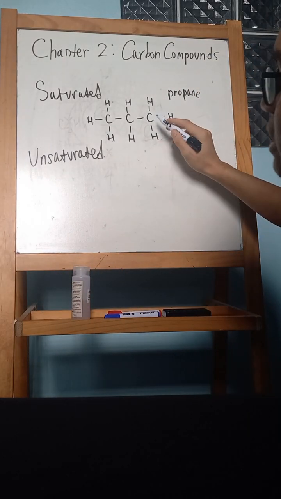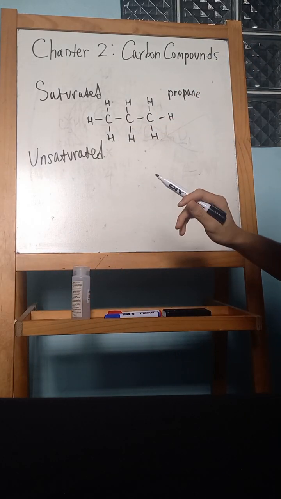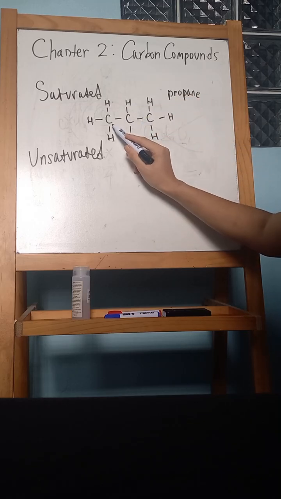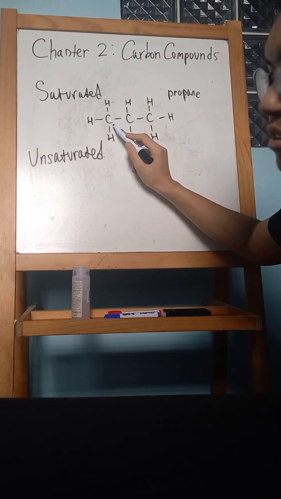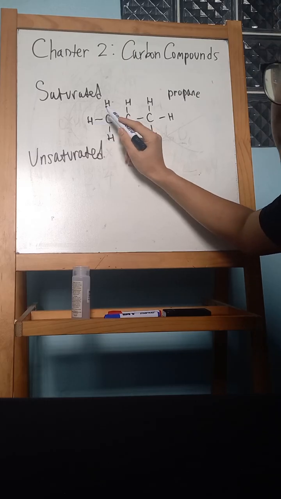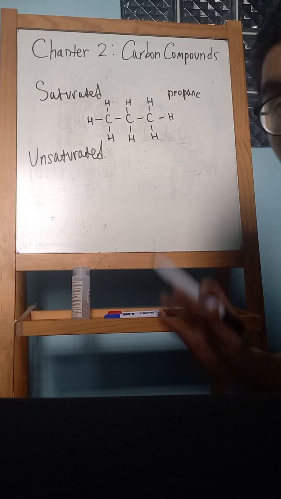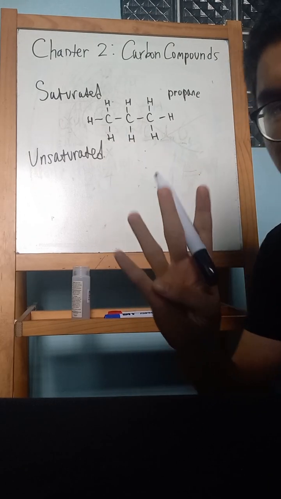See how each carbon atom is connected to four different things. This carbon atom is connected to this carbon atom, this hydrogen, and this hydrogen. So 4 is the max.